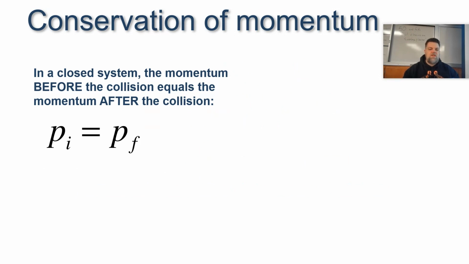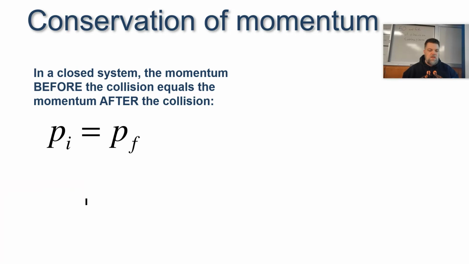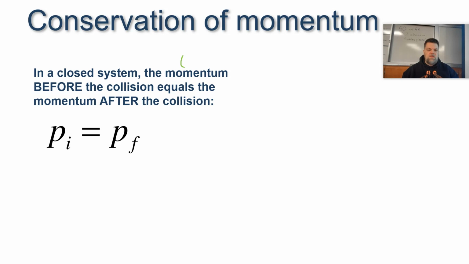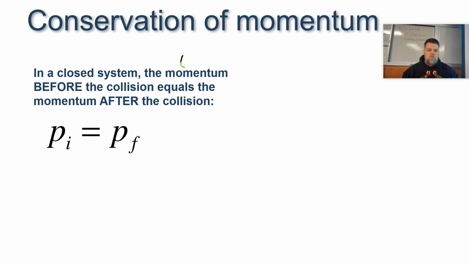So in a closed system, and you guys need to write this down. Just write down, in a closed system, the momentum before the collision equals the momentum after the collision. And again, we should probably mention over the word momentum, put total momentum.